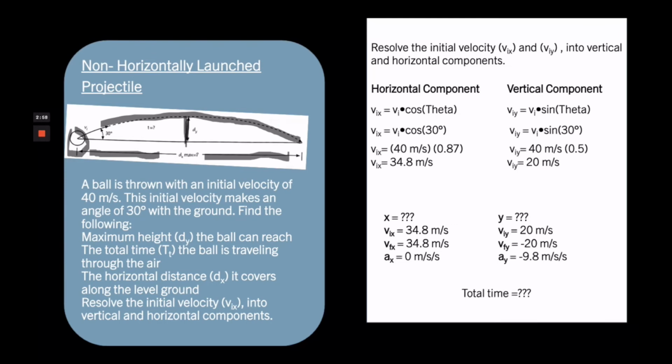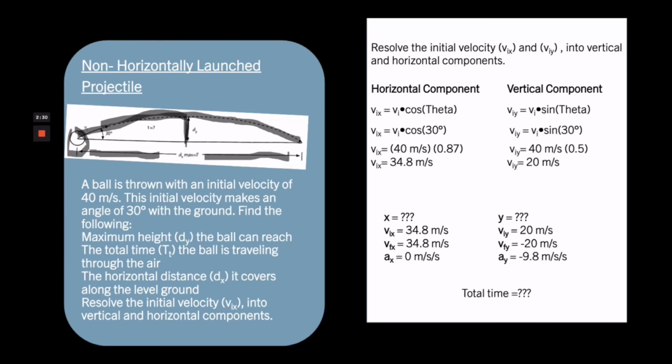This one is the dy, this is the peak of the projectile. From the ball to the highest peak, we associate this as T1, and then from the highest peak going to the ground, that's our T2. So T1 plus T2 is equal to the total time.